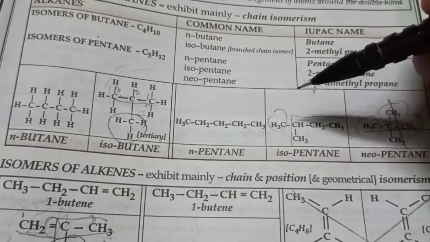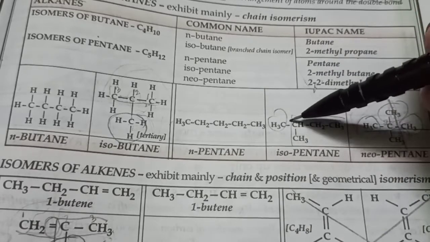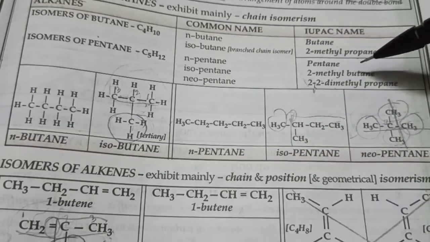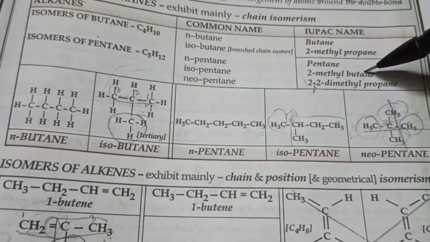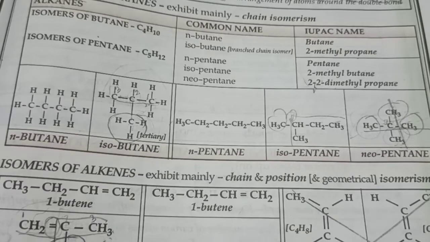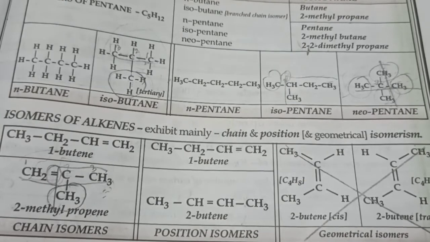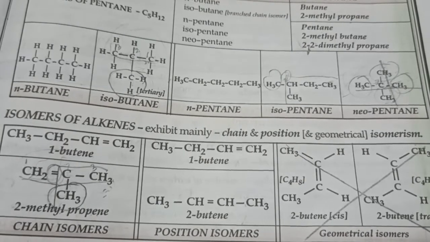And this could have been considered as an attachment at number 2 carbon atom. So it would still be called 2-methyl butane. If you wish, you can watch this video twice, as many times as you want to. You just have to watch it and you'll understand slowly.